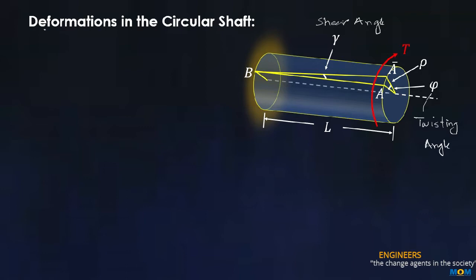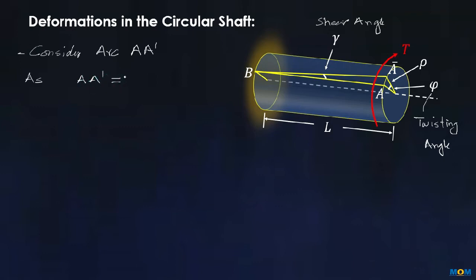Now consider here arc A dash. We can write this A dash as equal to the length of the shaft L with the shear angle gamma.